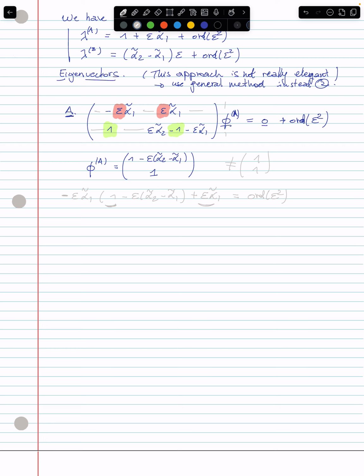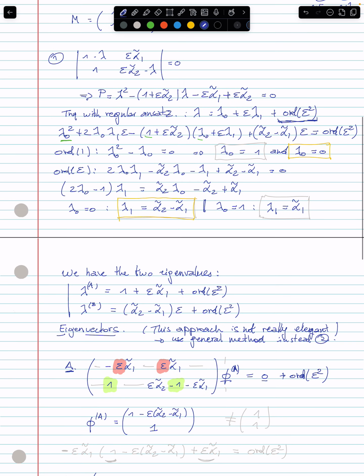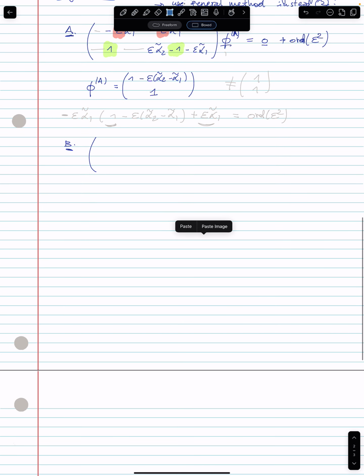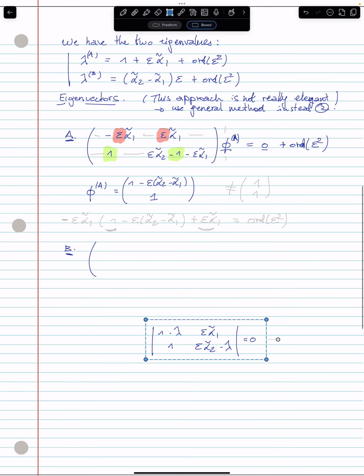Good with this. Then what could we say? Let's go for the second eigenvector. For the second eigenvector, we need to subtract from the matrix. Let me just copy it so we have it next to the workspace. Copy this and paste. So we need to subtract now from the diagonal lambda given by this expression here.